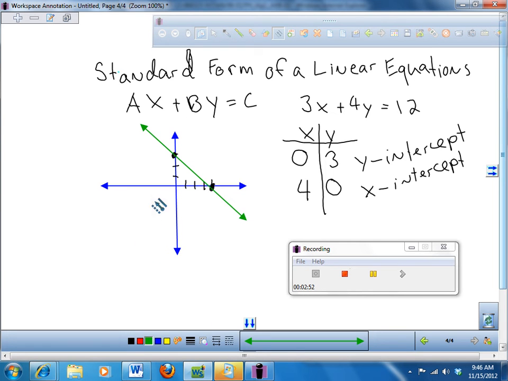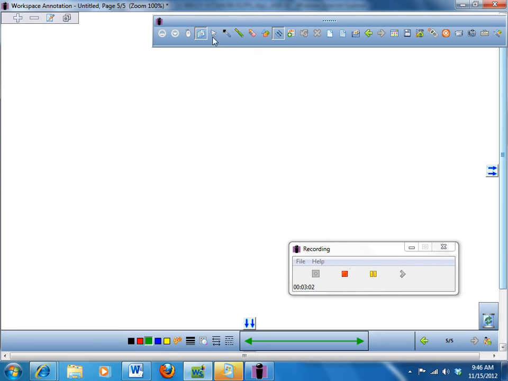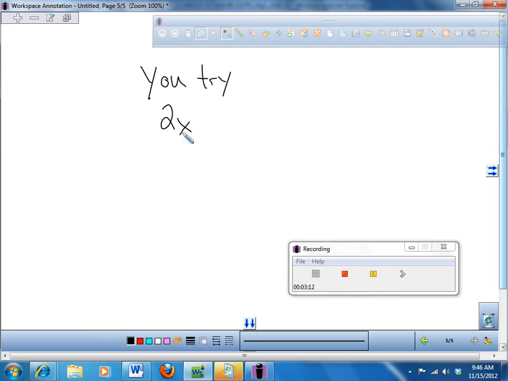So let's try one on your own. You try. Who try? You try? You try. I'm confused. Okay. Let's try this one: 2x - 3y = 6.